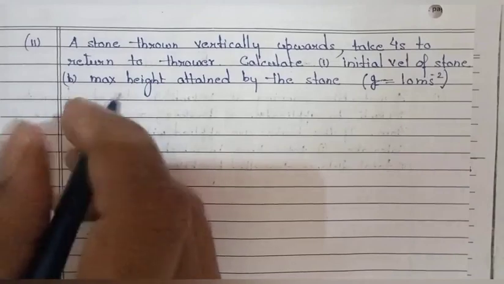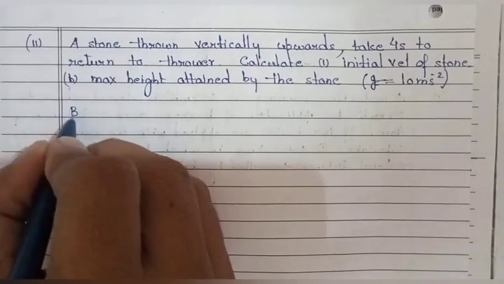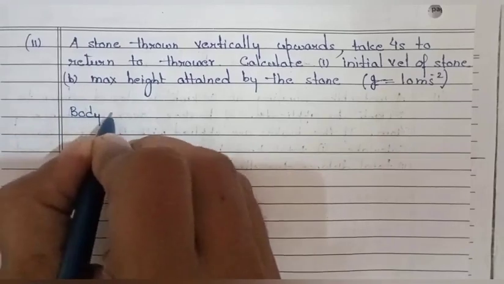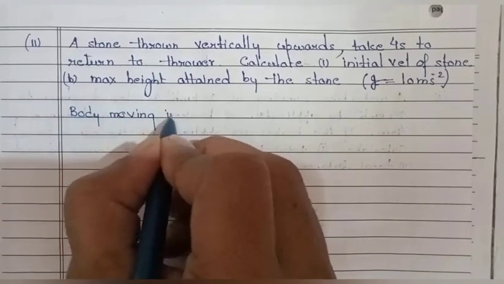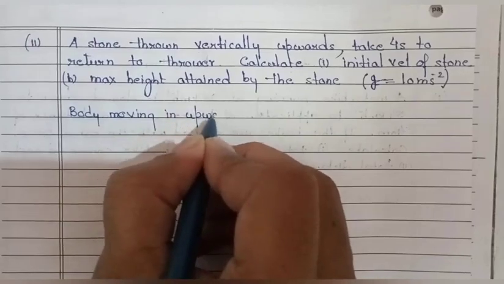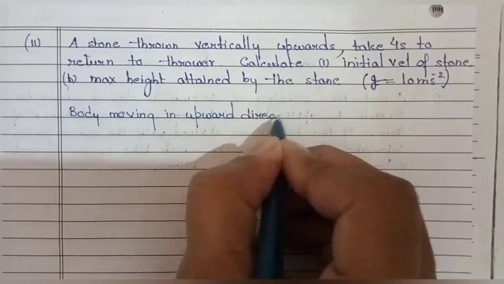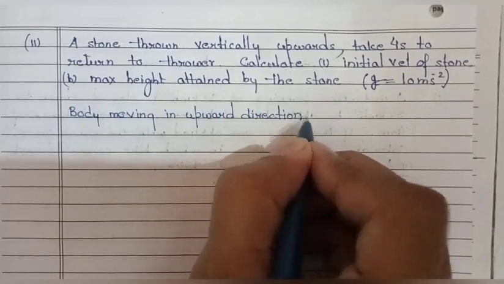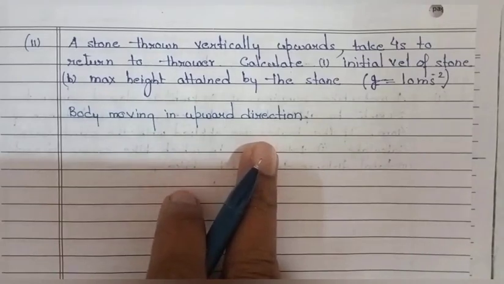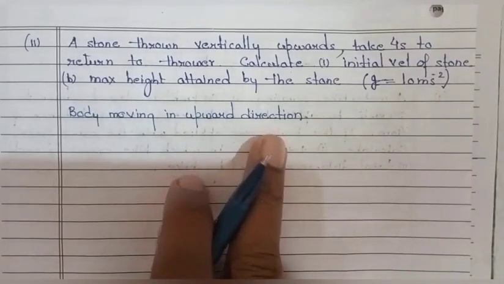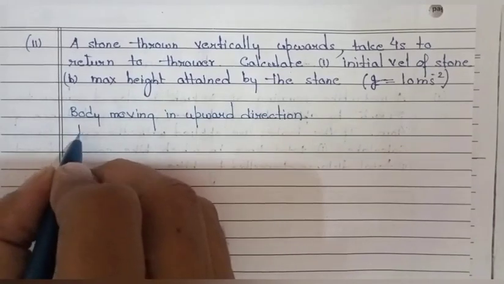Now we are doing the calculation while the body is moving in the upward direction. As the body is moving in the upward direction and reaching the highest point, first of all we will write down the time taken.